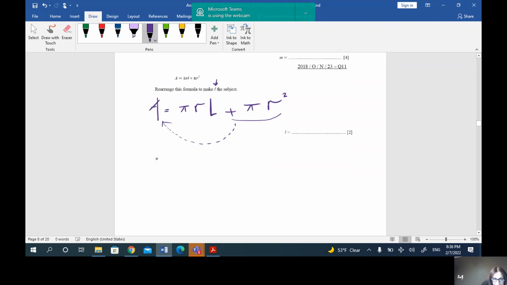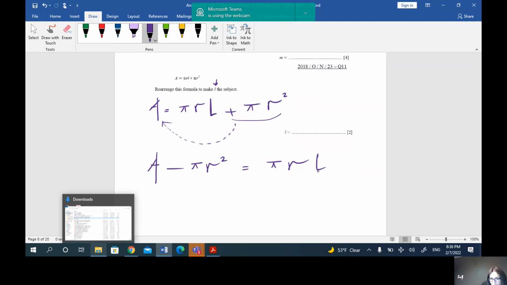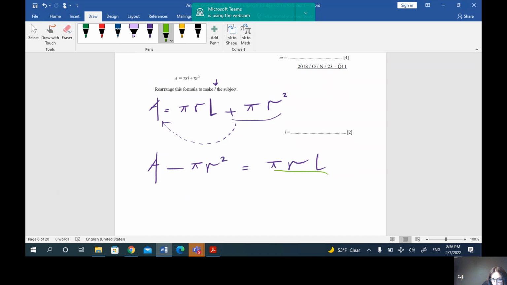So A is originally there. If we're sending plus pi r squared there, it will be minus pi r squared is equal to pi r L. To get rid of pi r, because we need L to be the subject, we're going to divide all this by pi r, and divide all this by pi r.